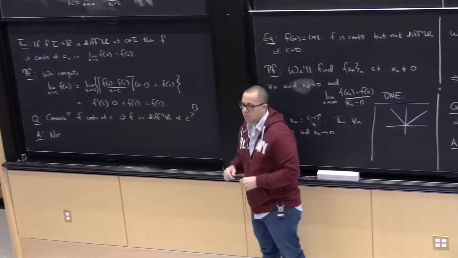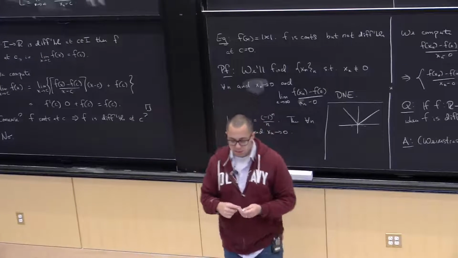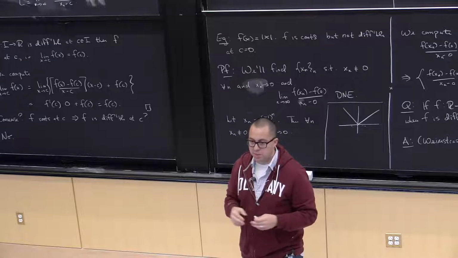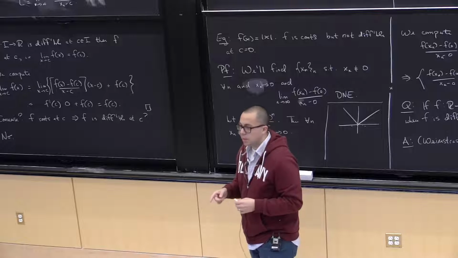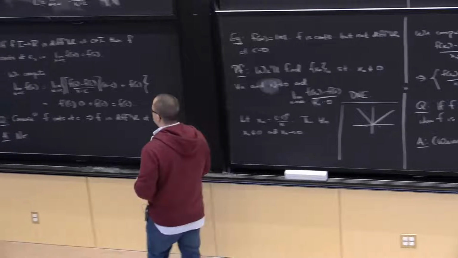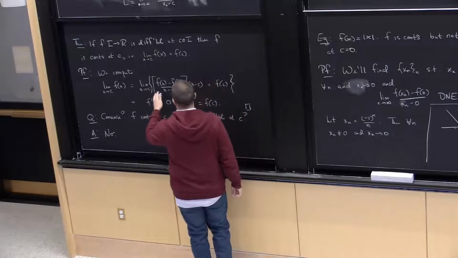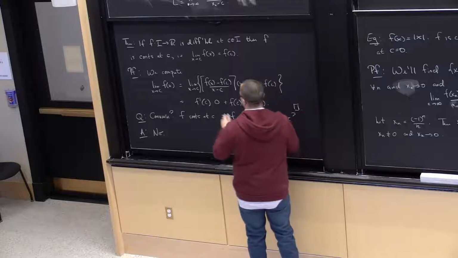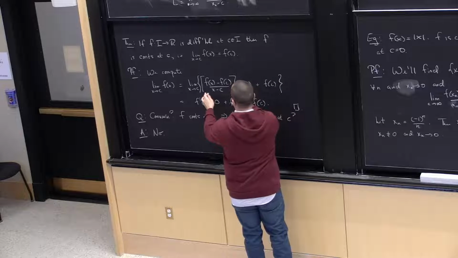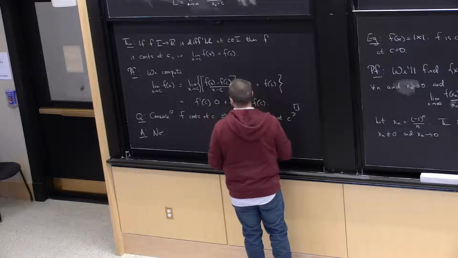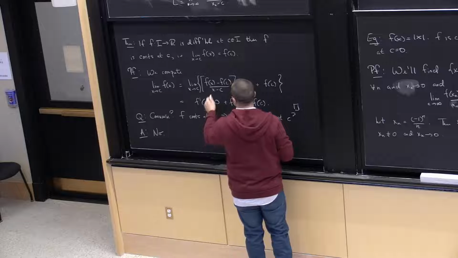Now what we know about limits is that the limit of the sum is the sum of the limits, as long as all these limits exist. And the limit of the product is the product of the limits, again, assuming all of these limits exist. And the limits as x goes to c of everything you see here do exist. As x goes to c, this thing in brackets has limit f prime of c.